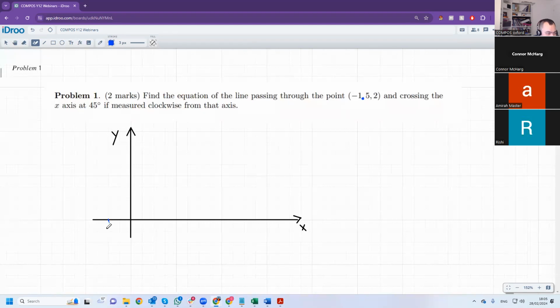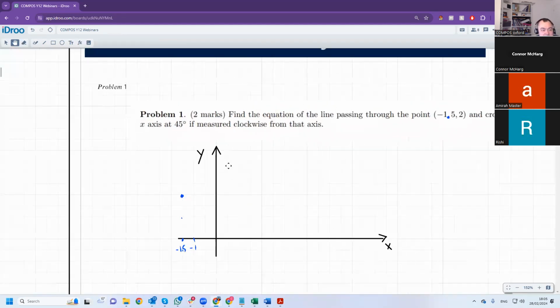Let's say this is minus 1, this is minus 1.5, and this is 1, 2. Crossing the x-axis measured clockwise from that axis simply means it is 45 degrees to the axis. It must be like this.